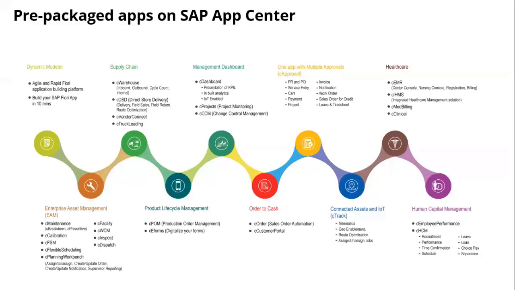So delivery, field sales, field return, route optimization, everything is considered over here. Along with that, in the supply chain vertical, we are also covering vendor side automation. It's a vendor portal in which vendors can see their orders, do the ASN, upload the invoices, track their payments and so on.